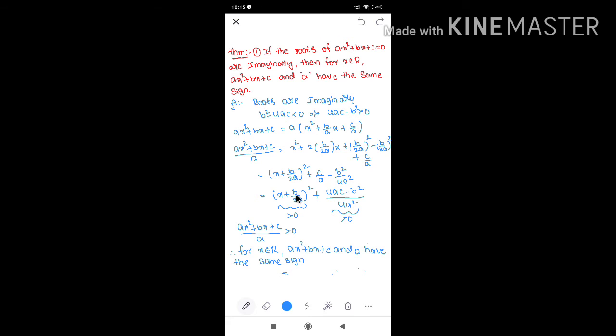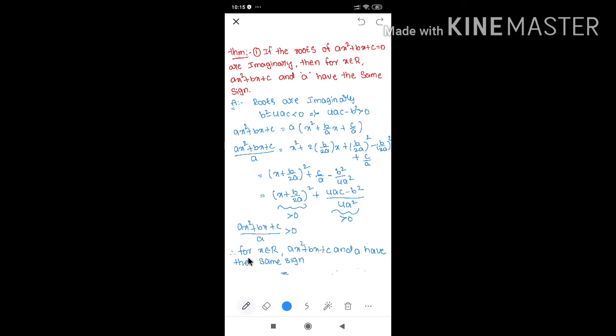Here this function is positive because a square term is there. Here 4ac minus b square is also positive. If the denominator a is negative, a square is positive. Obviously this function is positive. Positive plus positive, positive only. Therefore ax square plus bx plus c by a is positive.